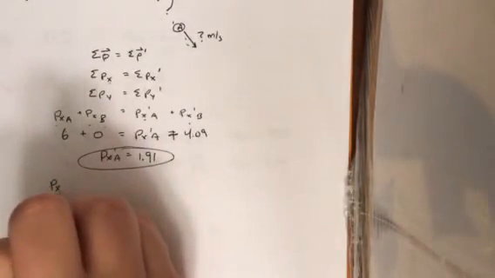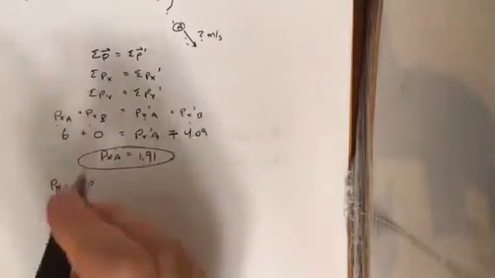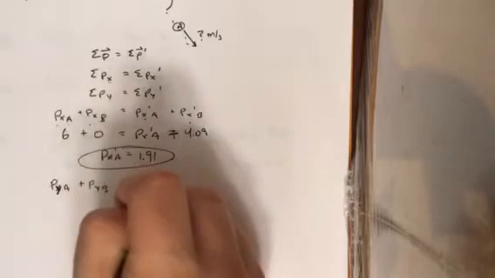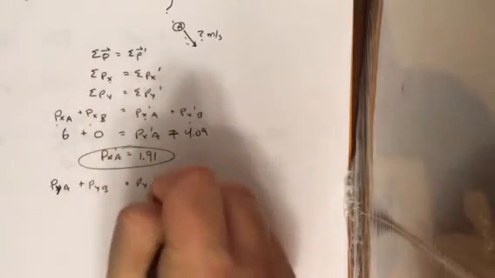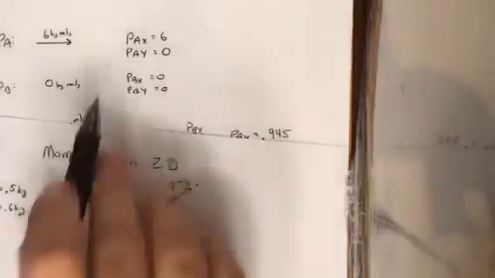I'm going to circle this. This isn't an answer, but I'm going to circle it because we're going to need it in a second. We're going to have to do the same thing in the y direction. Now at the beginning, we said that PAY is 0.